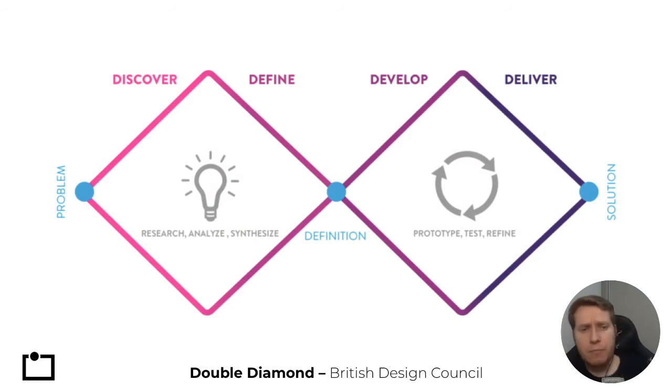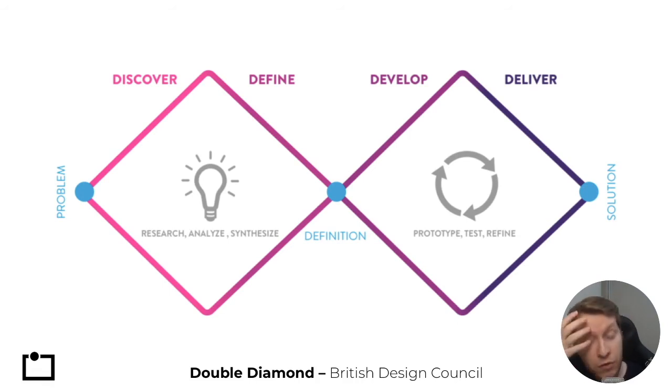I use this process called Double Diamond, proposed by the British Design Council. It's very easy to understand and also to apply in our projects. It consists of 4 different phases: discover, define, develop, and deliver.